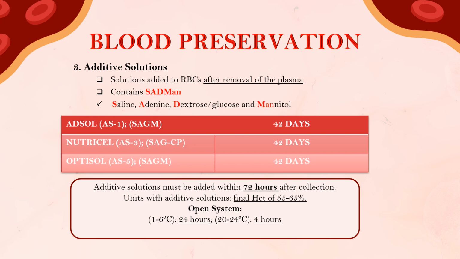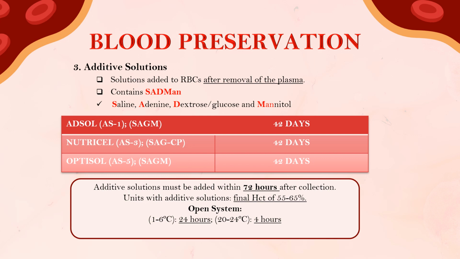Take note, class, that both Adsol and Optisol contain SAGM, or saline, adenine, glucose or dextrose, and mannitol, as opposed to your Nutricell that does not contain mannitol but has CP or citrate phosphate as a substitute solution. And all of these solutions are primarily designed to extend the shelf life of RBCs up to 42 days.